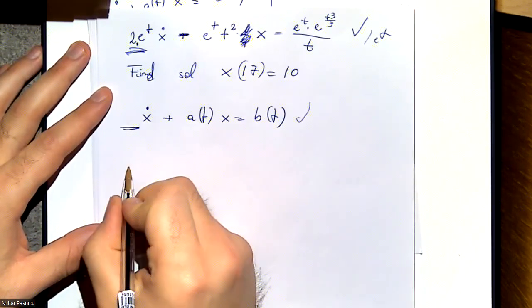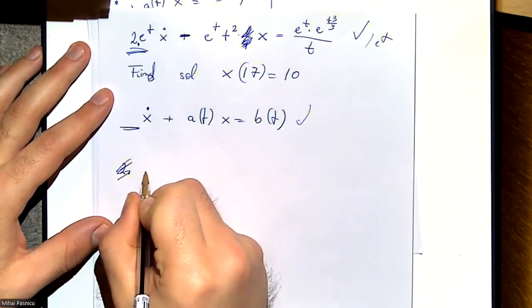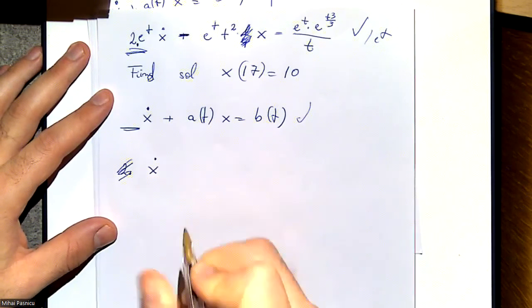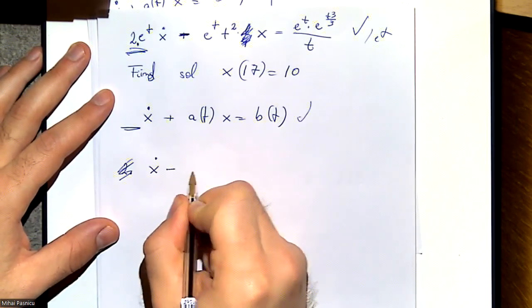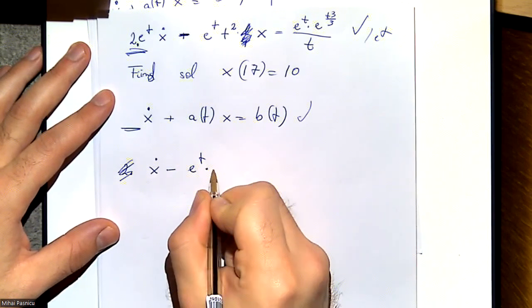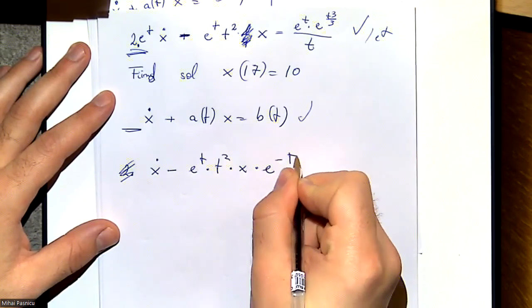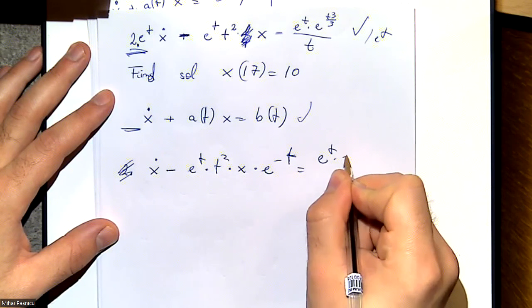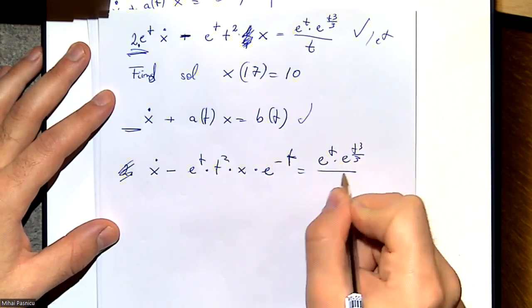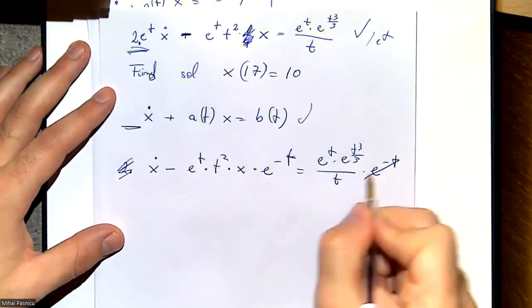So you divide by it and you get x dot minus e to the t times t squared times x times e to the minus t is equal to e to the t to the 3 over 3 times e to the minus t. Okay, simplifies.